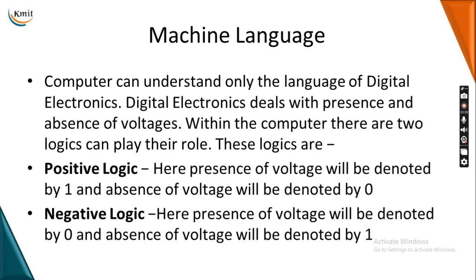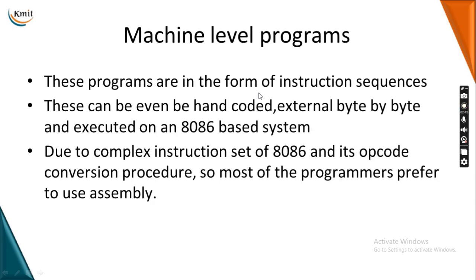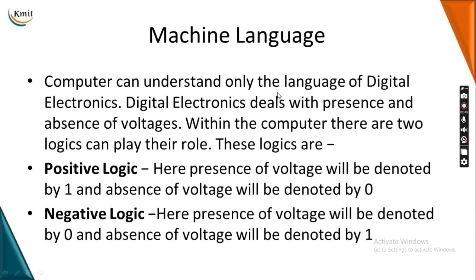So what is machine language? Machine language is nothing but a low level language. The computer can only understand the language of digital electronics, nothing but zeros and ones. That's why we also call machine language binary language.